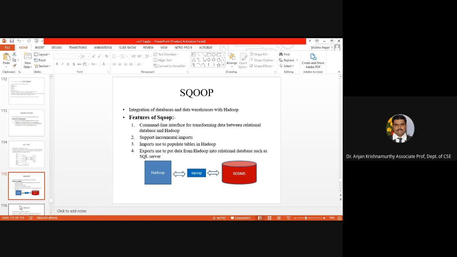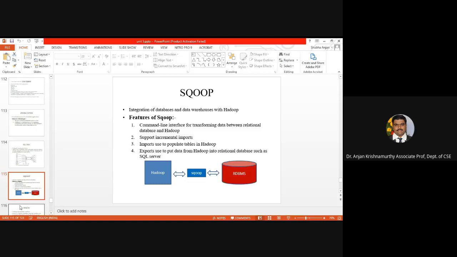Then you have a technology called Sqoop. Sqoop is basically a technology which is used for integration of databases and data warehouses with Hadoop. If your technology is still dependent on the RDBMS, but you need to speed up the entire process, then there is only one mechanism.